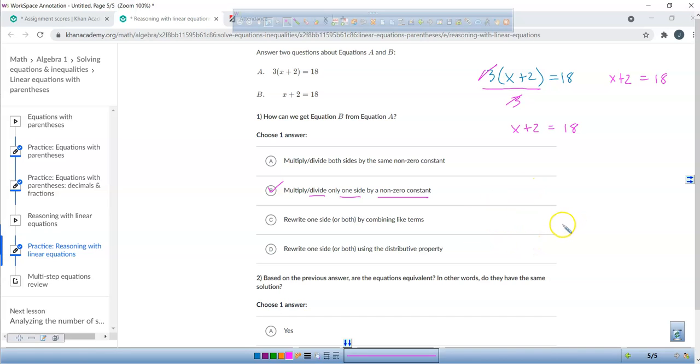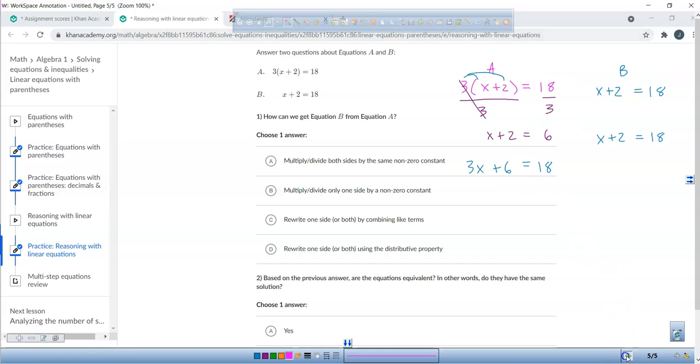But these are not equal equations, all right? Because if I end up solving it correctly, this is how I would solve it: take away 6, take away 6, 3x equals 12, x equals 4. Over here, what number would you have to plug in there? 16.